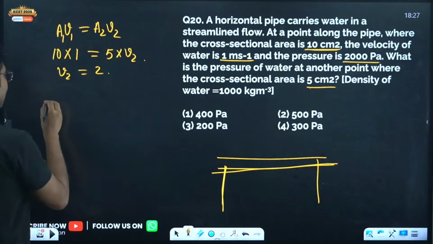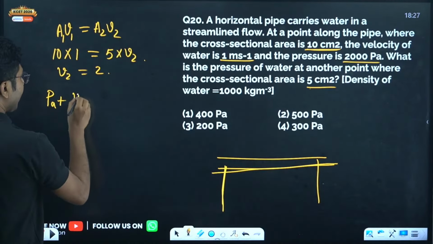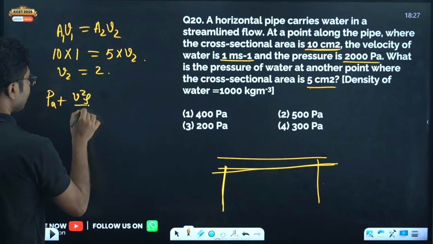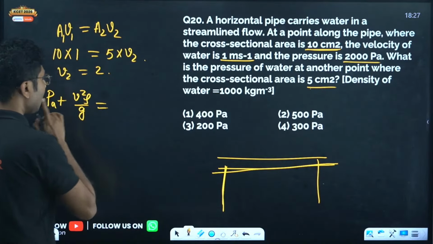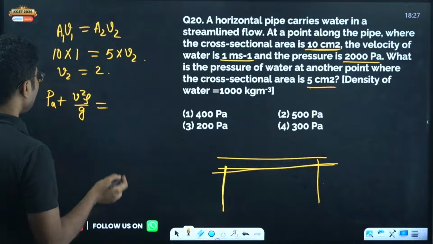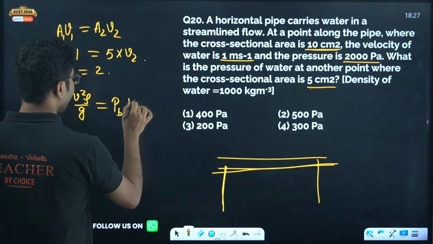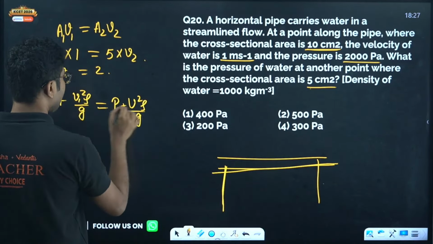Now Bernoulli's principle says that PA plus V square rho upon G plus rho GH. Now the rho GH part we will not consider because that is not there. That will be equal to PB plus V square rho by G, V1 square, V2 square.